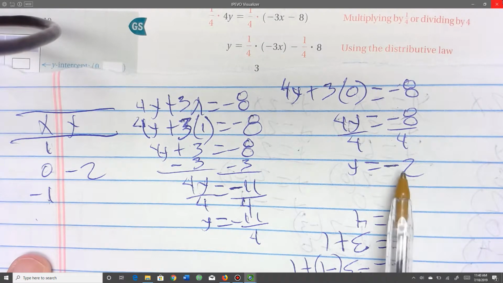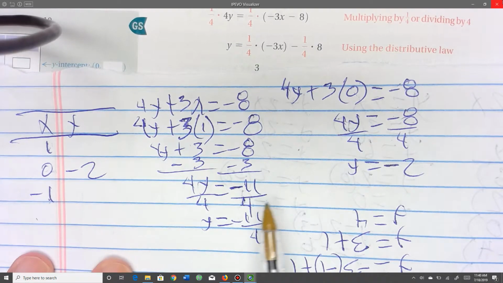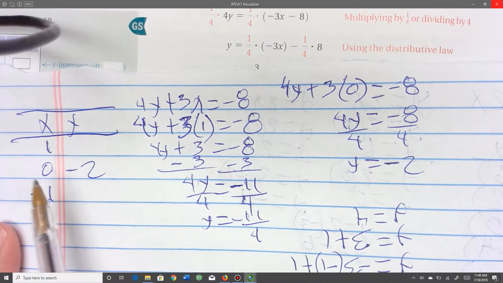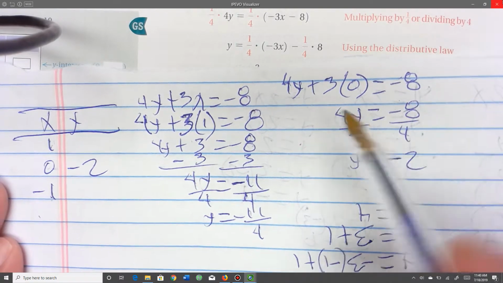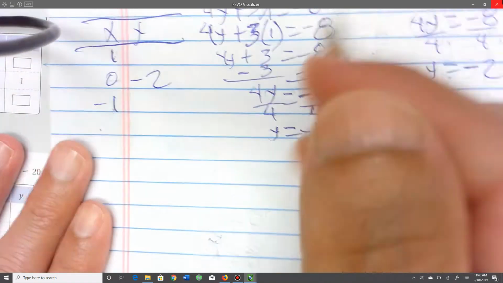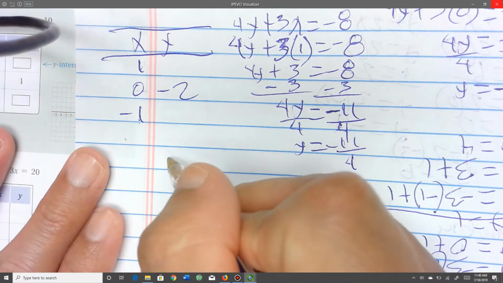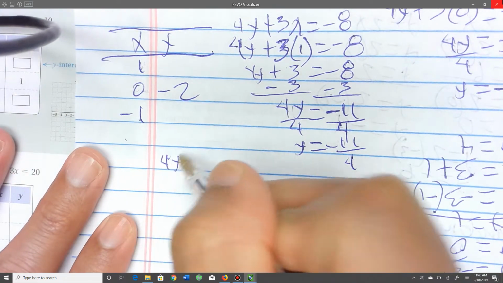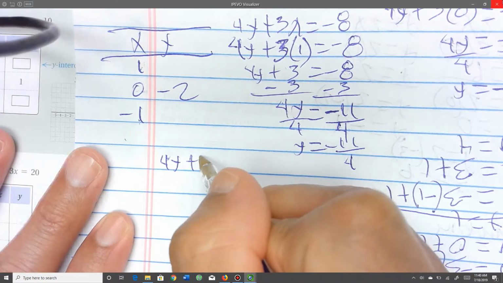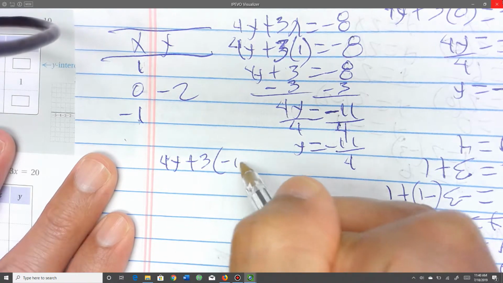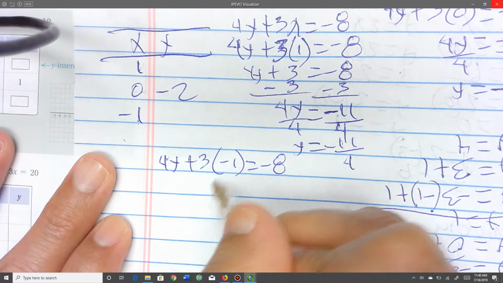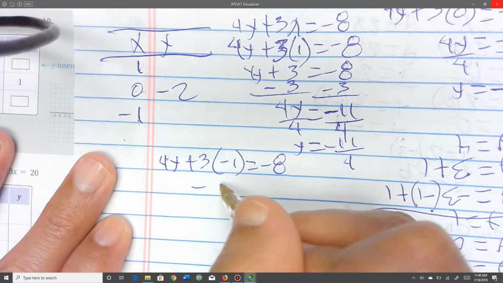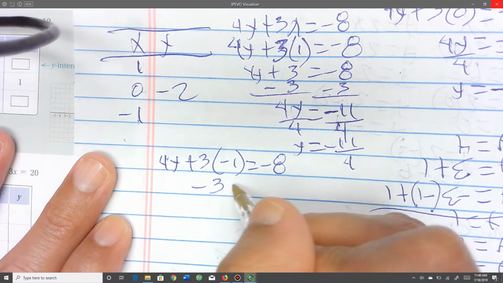So let's see if plugging in a negative 1 to the equation is going to give me an integer. Okay, 4y plus 3 times negative 1 equals negative 8. That's negative 1 times 3 is negative 3.